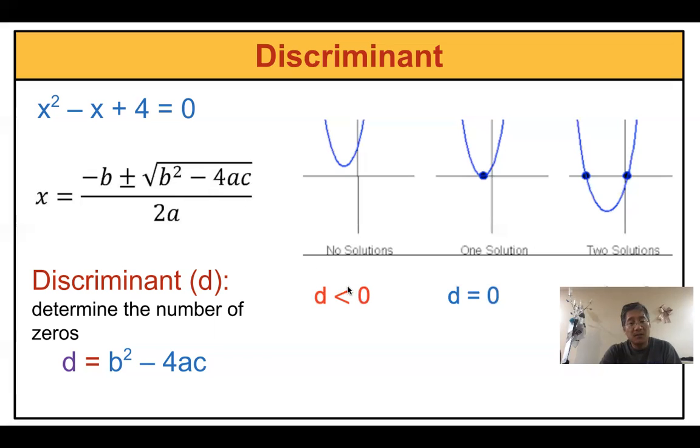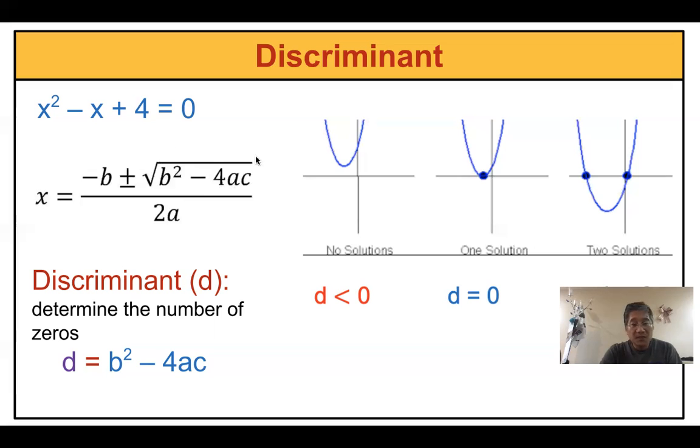So if D is less than 0, as you see in the graph, there will be no intersection with the x-axis, which is the y equal to 0 line. No zeros, right? When b squared minus 4ac is negative, there are no real zeros.